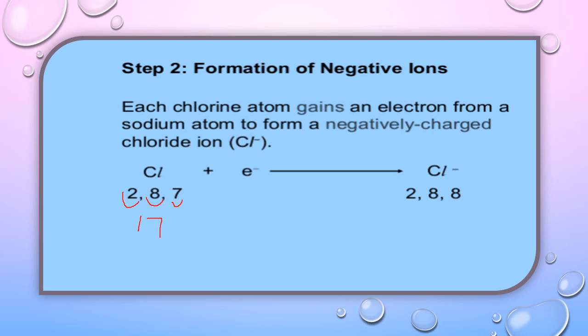Chlorine atom has 7 electrons in its outermost shell and needs one more electron to achieve stable 8 electron inert gas configuration. So, chlorine atom takes one electron and forms negatively charged chloride ions. Okay.